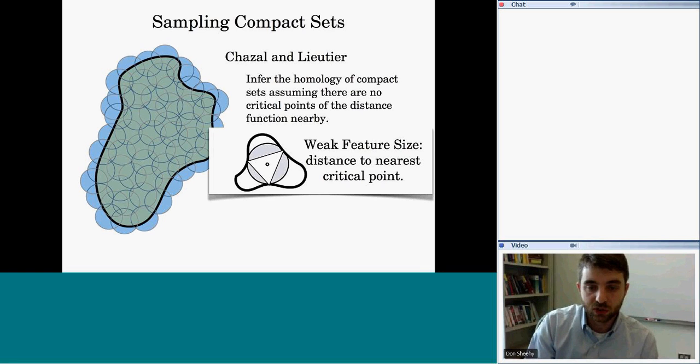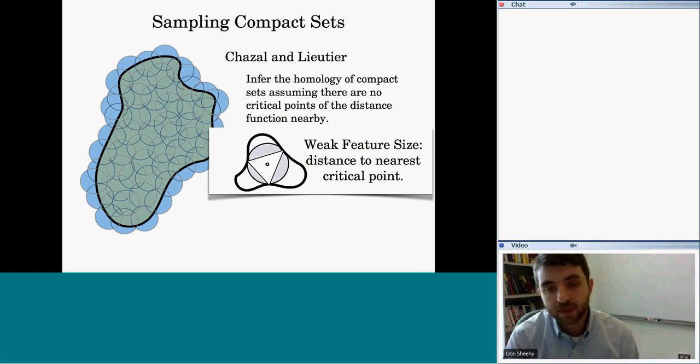The ball around that triangle represents the points of equidistance, and so there are 3 points of equal distance from the center, and this point is inside the convex closure of those points. It's inside the triangle, and so any point that's inside the convex closure of its nearest points on the set is a critical point of the distance function.